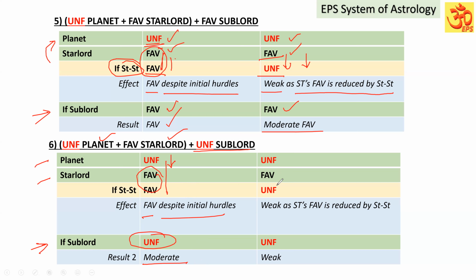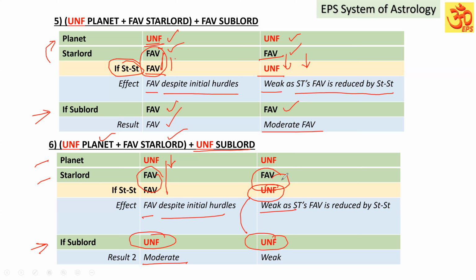Here, in the same way, weak, because the favorable star lord is reduced by the unfavorable, and the unfavorable planet is getting some support from the star lord for the favorable side, but the sublord again is unfavorable. So what it means, star lord of the star lord unfavorable, sublord also unfavorable.